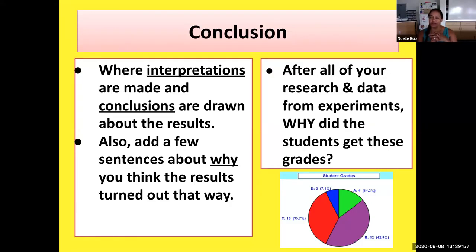I already said that. And then after this is an example: after all the research and data from experiments, why do you think the students got these grades? That's not a question you need to answer right now, but that's information that should be in the conclusion section of a report, of a scientific report.